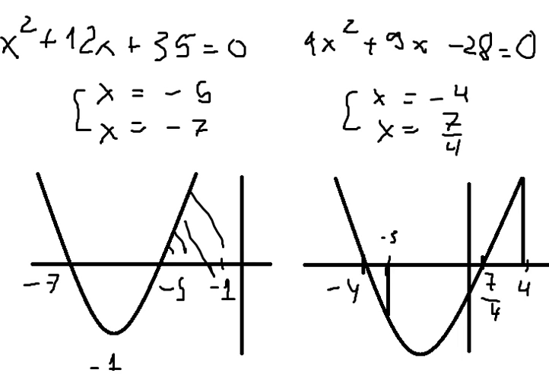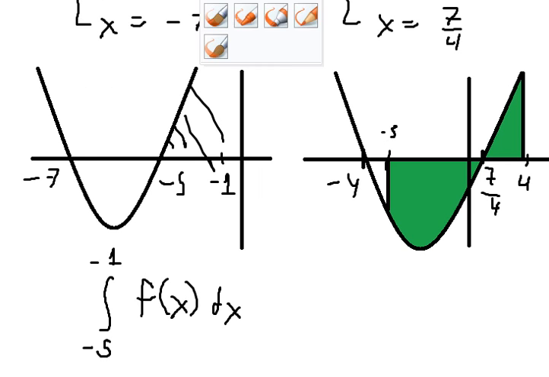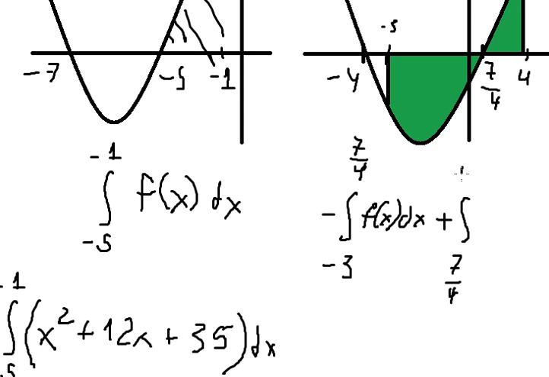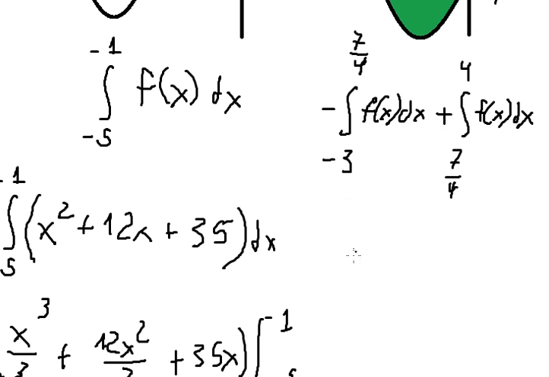So we have the negative area and positive area. So we need to divide into two intervals. The first one, we have the negative side from negative 3 to 7 over 4. And then we have positive from 7 over 4 to 4. So we do the same technique.